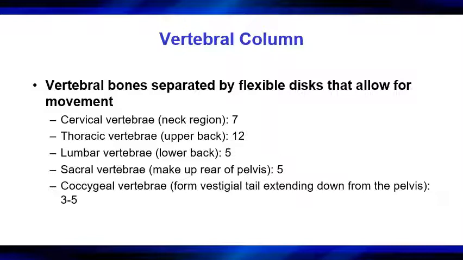So when you hear people bruising or breaking their tailbone, that's what they mean. It's this little part that comes down, and it could be anywhere from 3 to 5 coccygeal vertebrae. Again, these are fused. They fuse as you age. So they're not separated by discs the same way that the cervical, thoracic, and lumbar are.